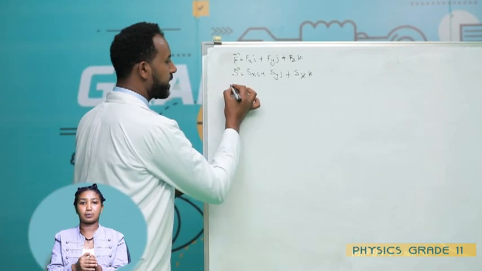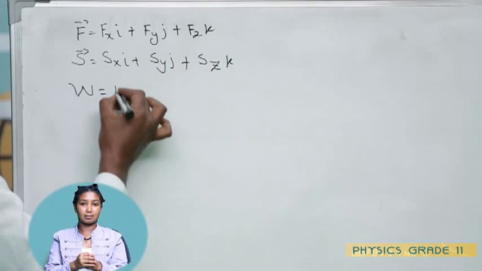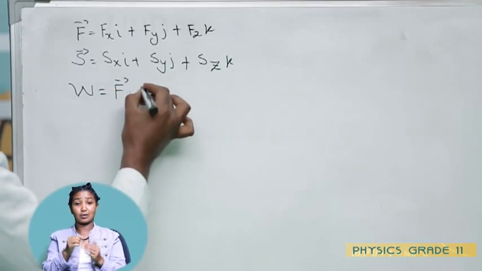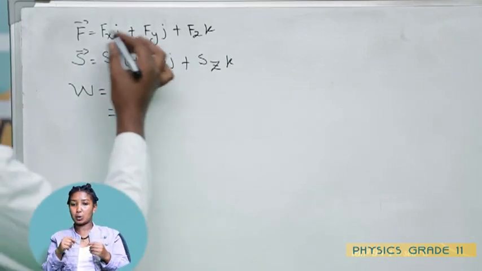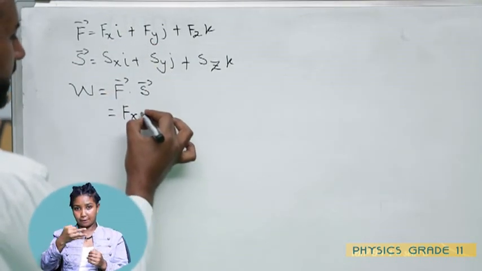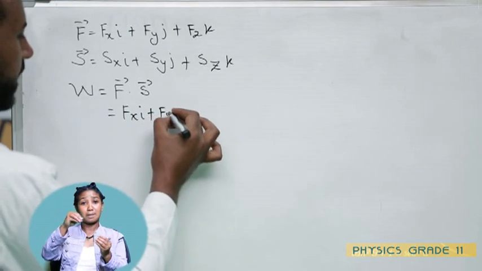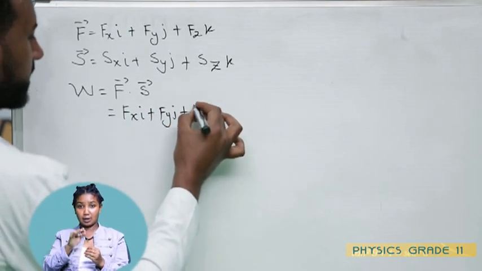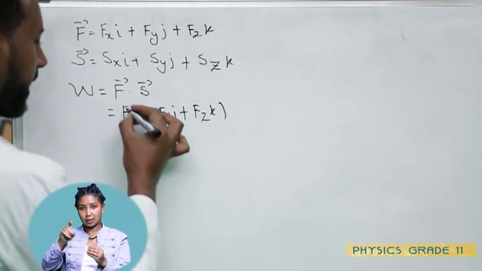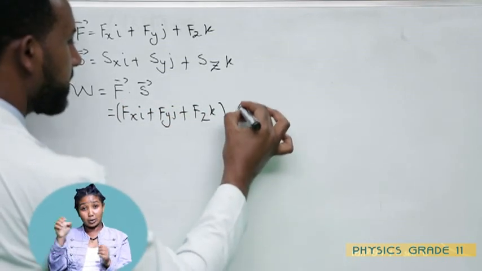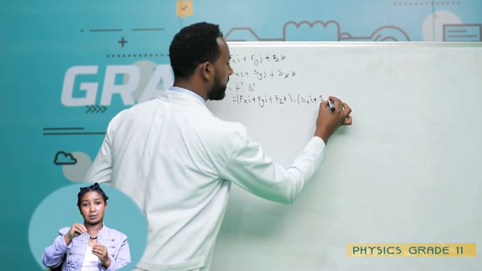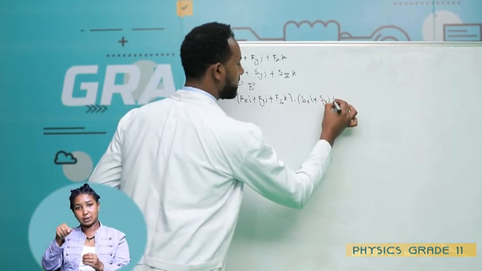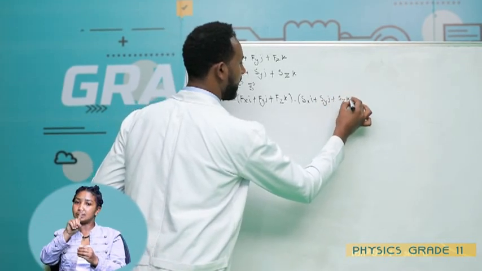Now, work is the dot product of these two vectors. Therefore, vectorially, it can be represented as Fx i plus Fy j plus Fz k, dotted with Sx i plus Sy j plus Sz k.